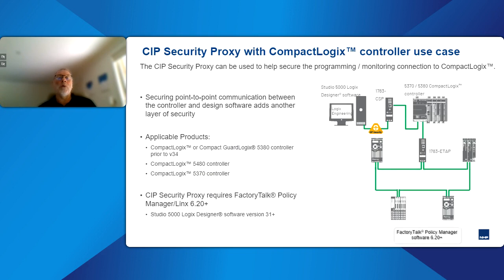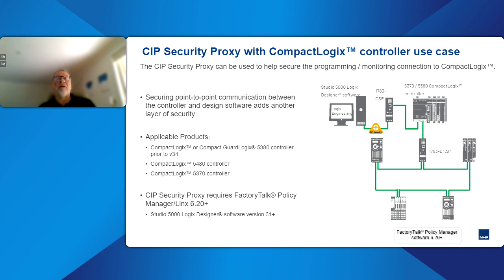Okay, so some other use cases. If you have a controller that doesn't support CIP security on its ports, you could put the security proxy before it, and you can use a security proxy for engineering software. You cannot put an HMI out here today. You can't put an HMI talking via Linx, which is secure, to the security proxy and talking back.